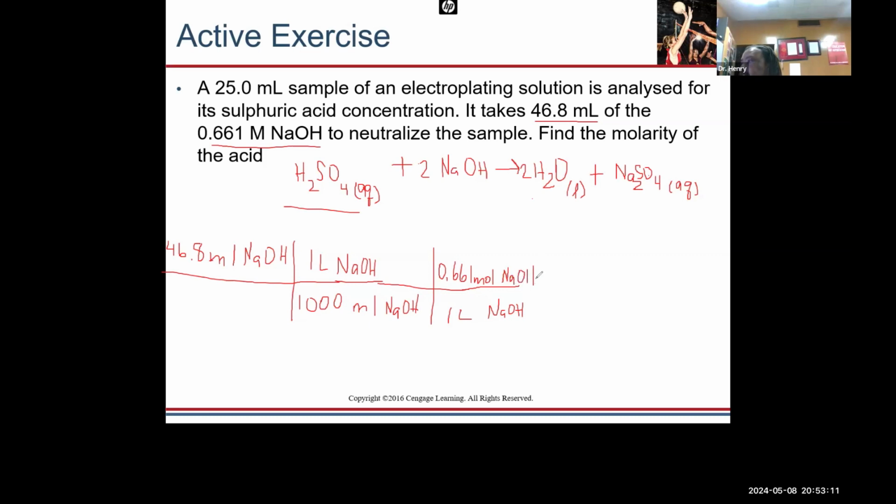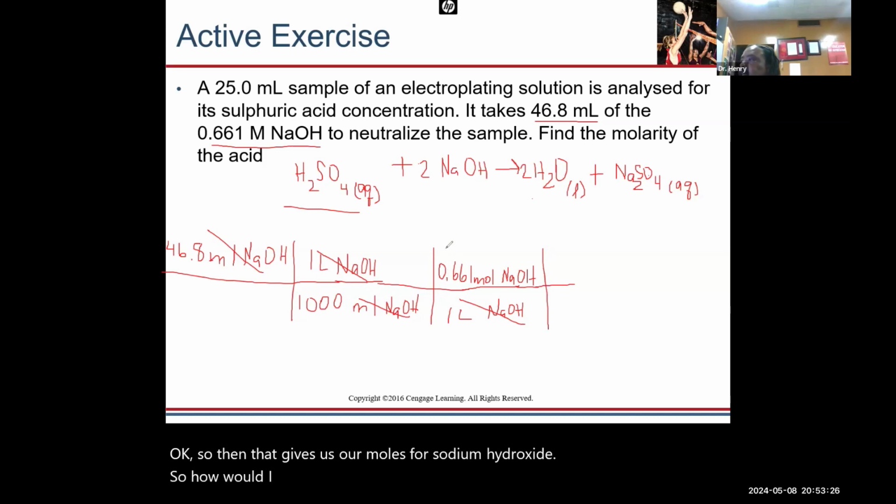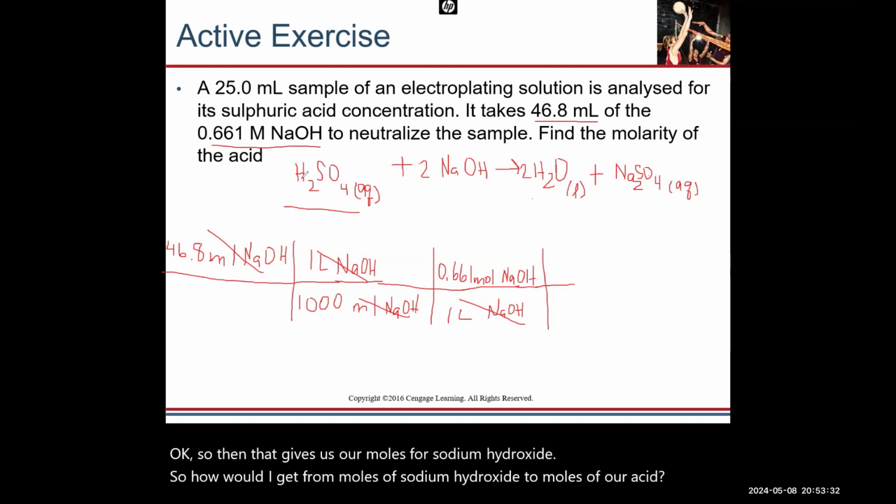Okay, so then that gives us our moles for sodium hydroxide. So how would I get from moles of sodium hydroxide to moles of our acid? Let's see, we have two NaOH to one H2SO4.